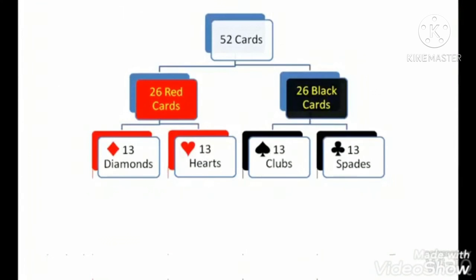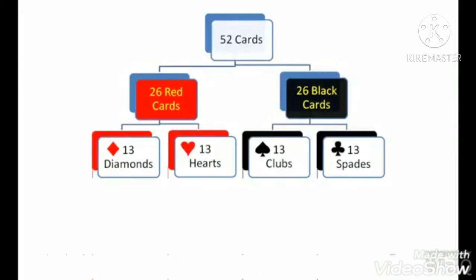Now, the 26 red cards are further grouped into two groups, that is diamonds and hearts, and each of these groups has 13 cards. Similarly, 26 black cards are further grouped under two groups, clubs and spades, and each of these groups has 13 cards.